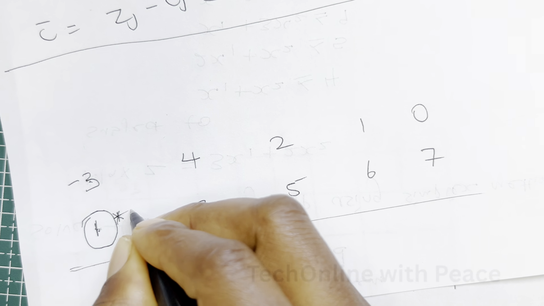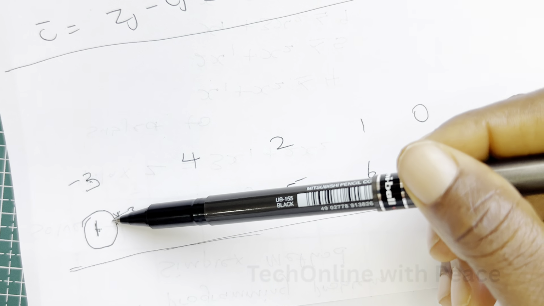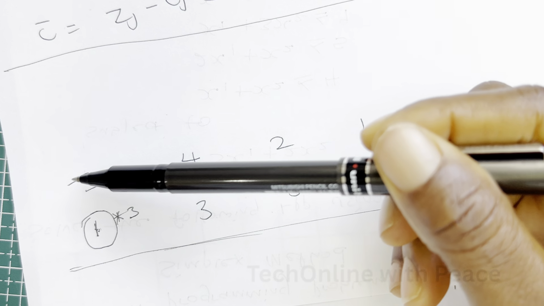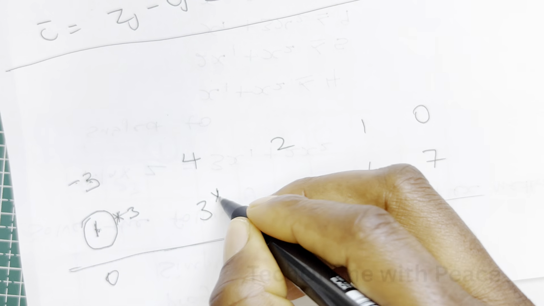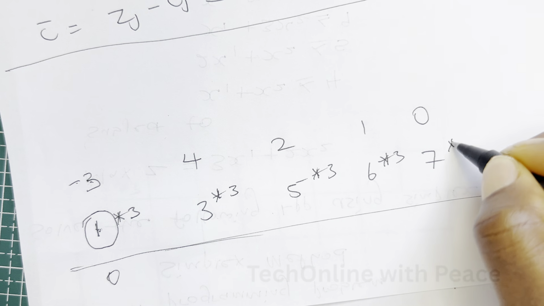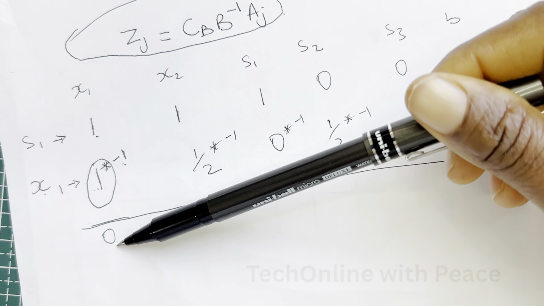We multiply times minus 3, so that the combination of these two things produces 0. 3 times 1 will give us 3. Minus 3 plus 3 will give us 0. And this applies to other numbers here in order to get your new value. So back to our question here, we have 0 here.